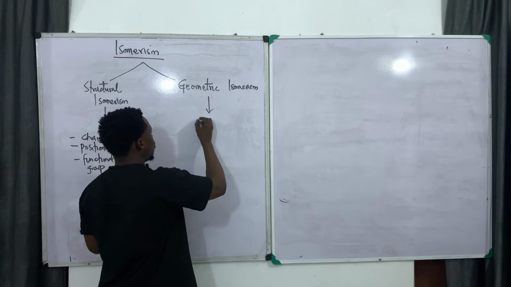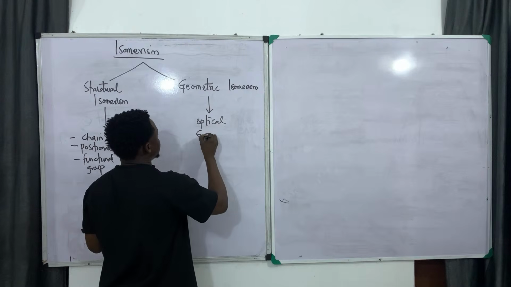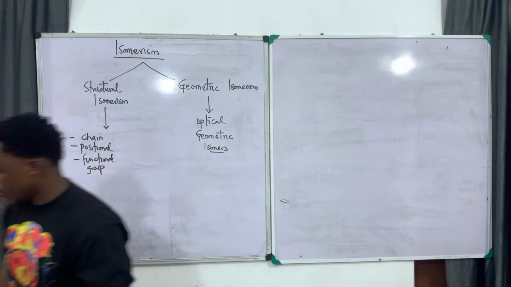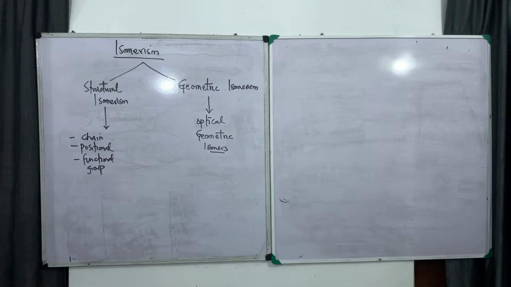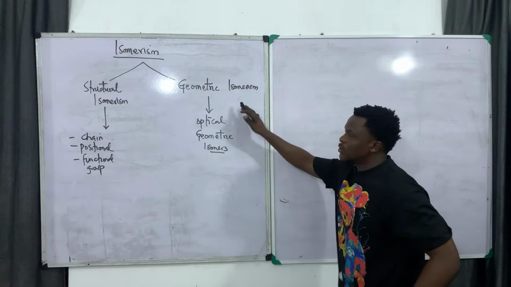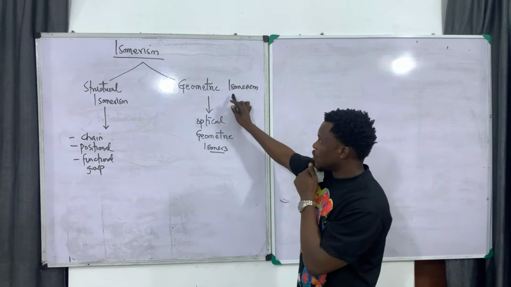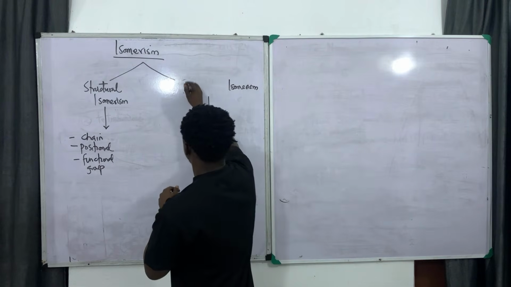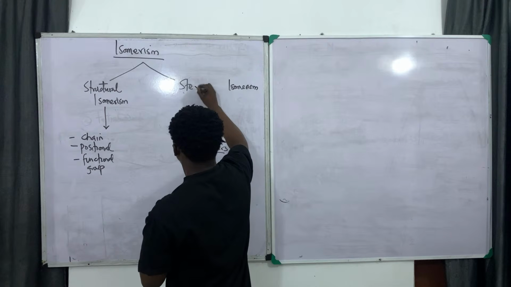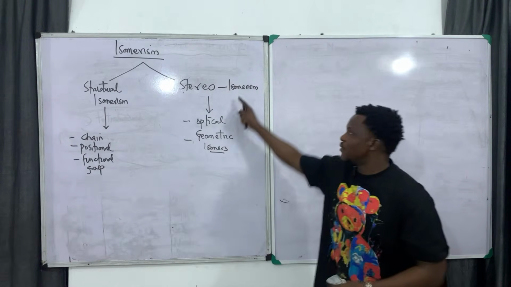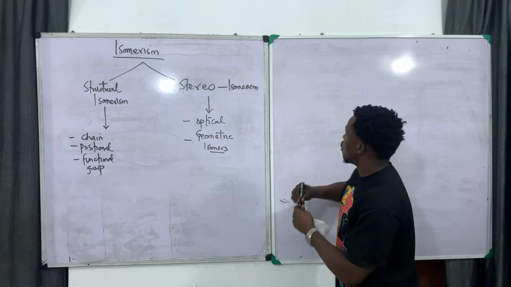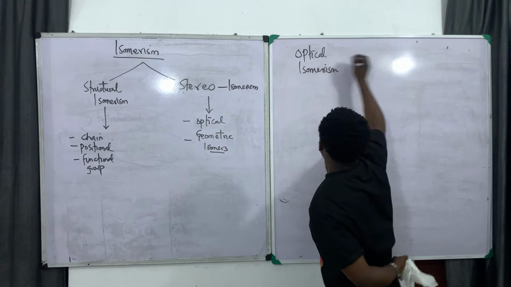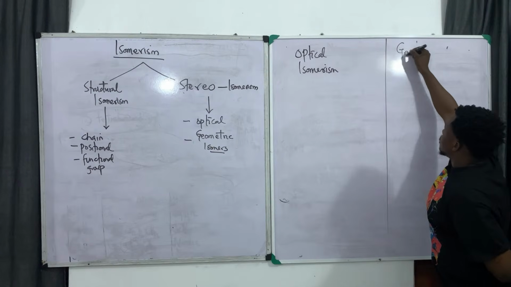Now under this we have optical. All right, so I want to talk about geometric first. Sorry, this is not geometric, this is stereoisomerism. So let's talk about optical isomerism, and then we're going to talk about geometric.